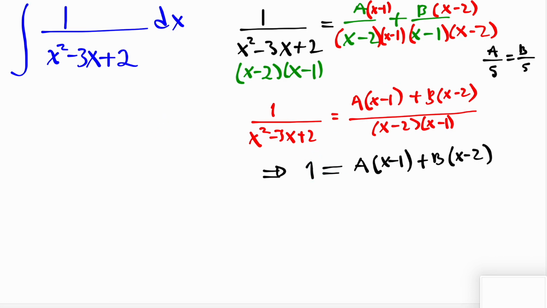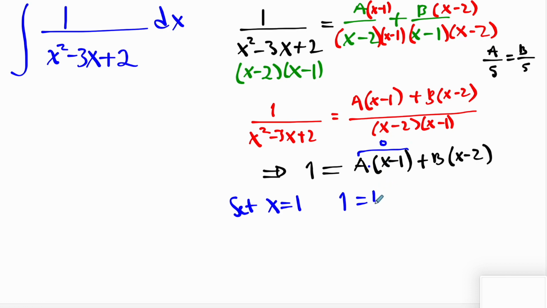And at this point, we'll make smart choices for the x values, and those smart choices would be what makes this parentheses, this factor, equal to 0. Set x equal to 1. 1 will equal b times negative 1. The reason we chose that is this will be completely 0 when you substitute 1 for x.